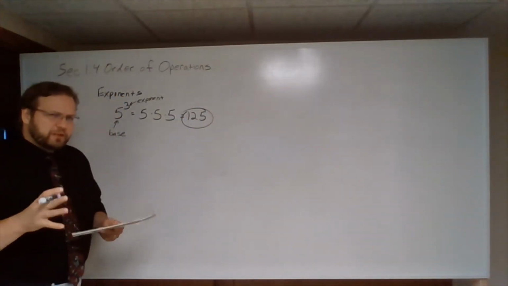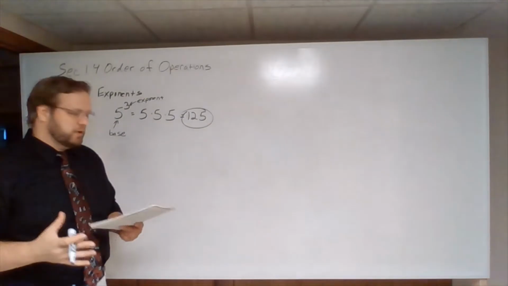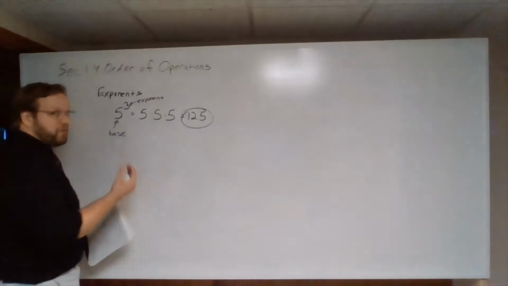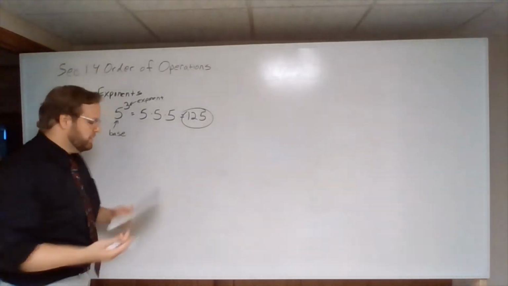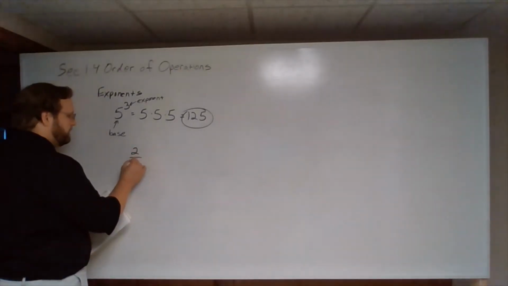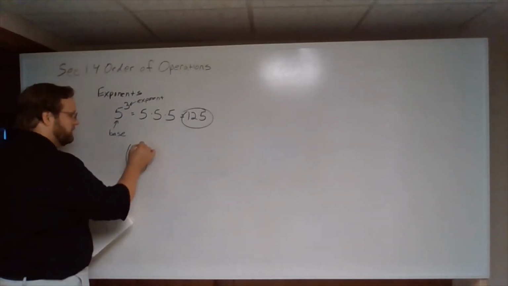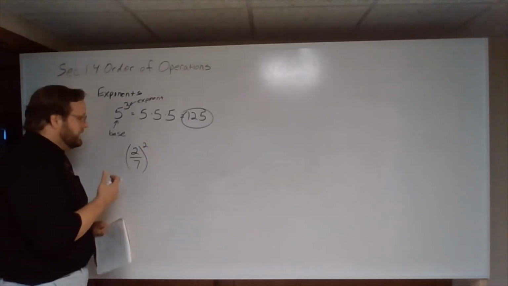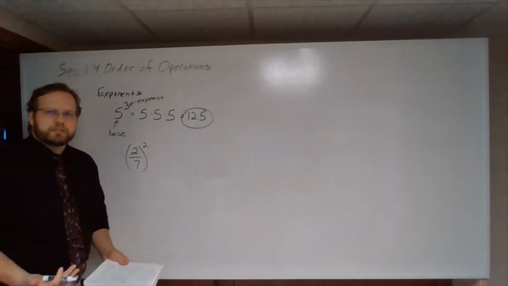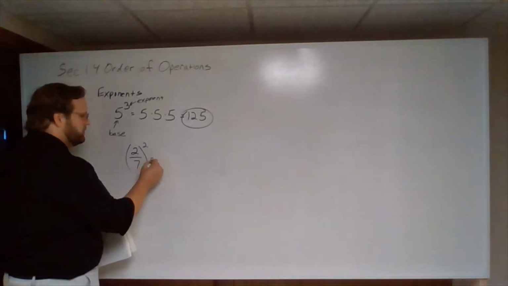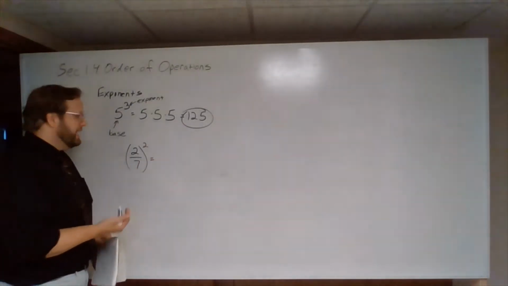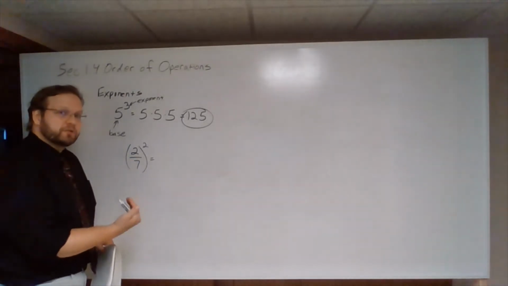Now, there are a couple other little nuances that I want to make sure we're clear on. First, let's look at a fraction. Fractions are the cause of a lot of anxiety for some people, so I want to make sure we see this for what it is. It's 2/7 squared, or 2/7 to the second power. With fractions, we can take that exponent and put it on the numerator and the denominator separately.